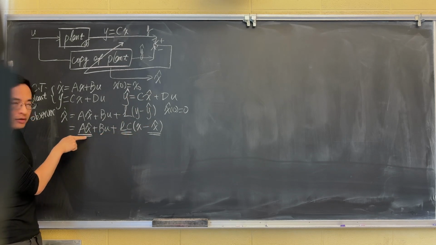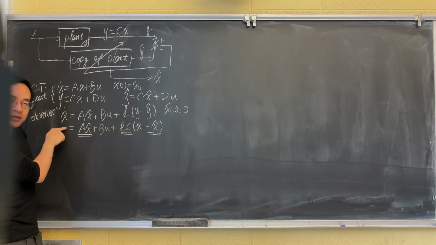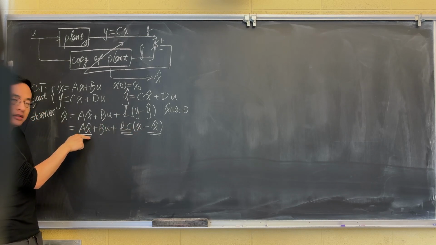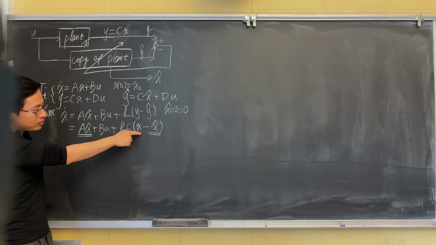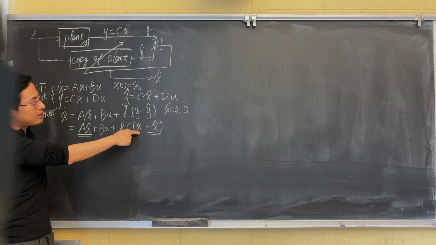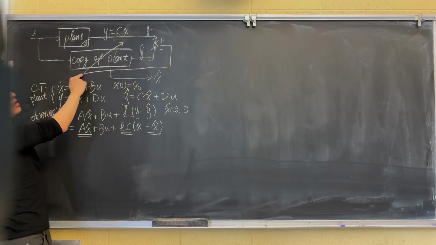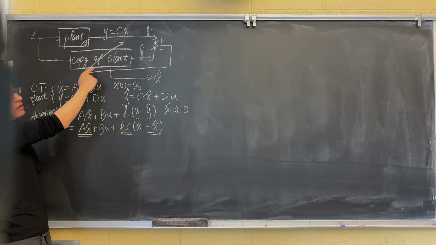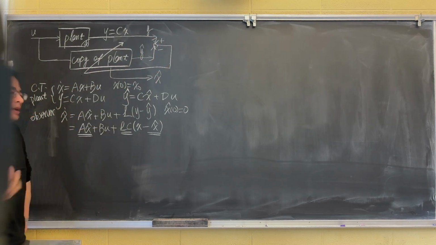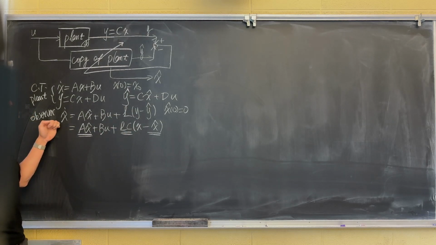The observer depends on the estimated state x hat as well as the actual state x. So the information from x is actually fed back into the observer. There is this internal feedback loop, and then feedback creates the correction over here. This is the observer dynamics.